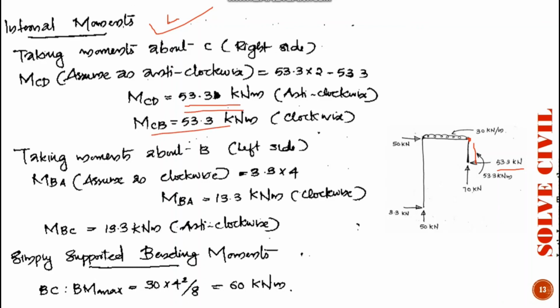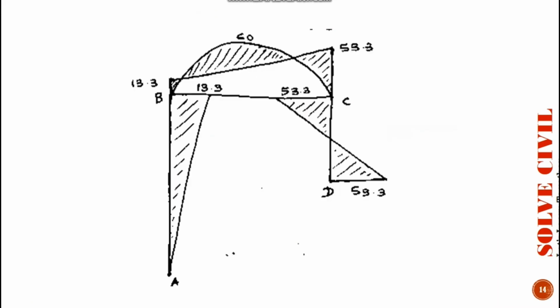Also, MCB will be 53.3. Similarly, we can find the values of MBA and MBC. Also find the simply supported bending moments. That is, for BC, the maximum bending moment will be 60 kilonewton meter. As a last step, we need to draw the bending moment diagram, thus completing the question.